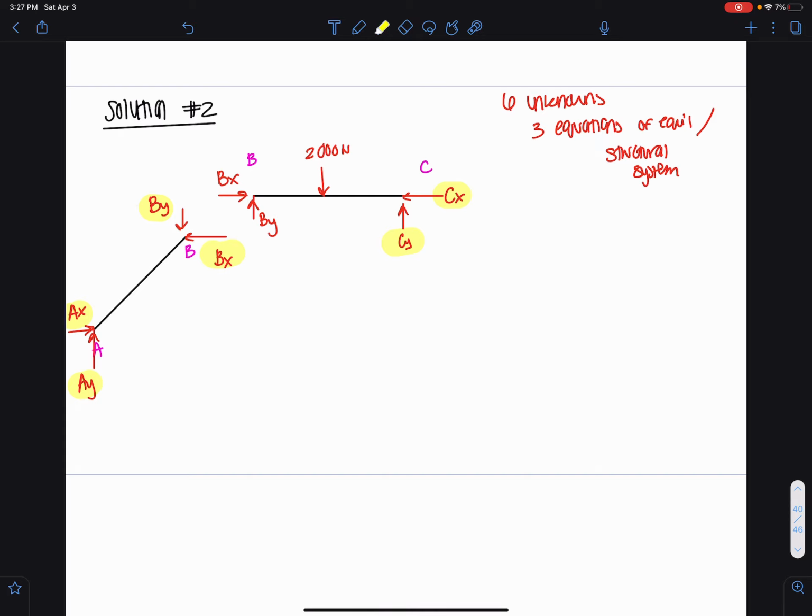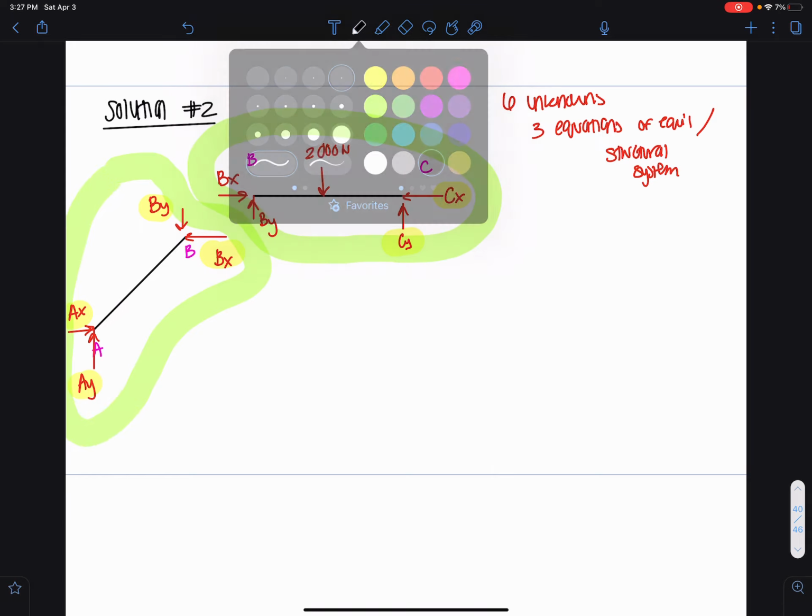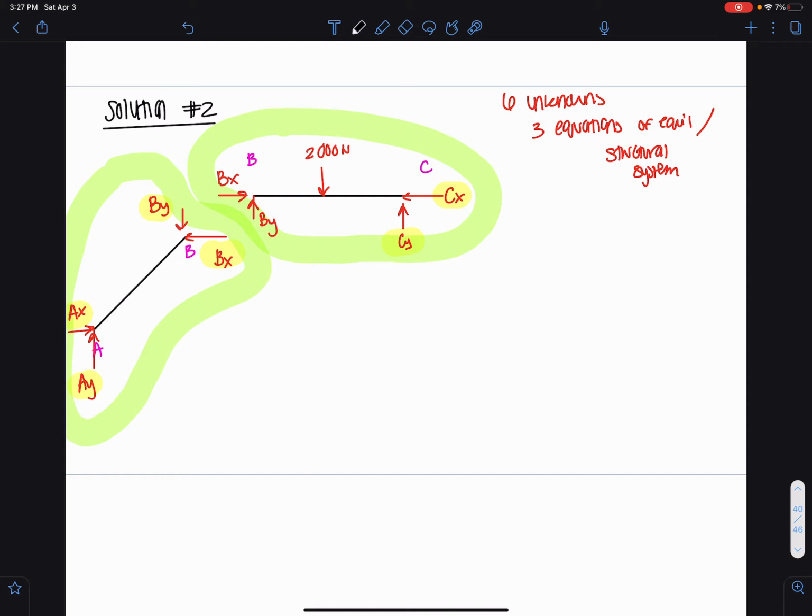So I need to analyze both of these systems. I need to analyze this system with my equations of equilibrium, and I need to analyze this system using my equations of equilibrium. Okay, so let's go ahead and do that.